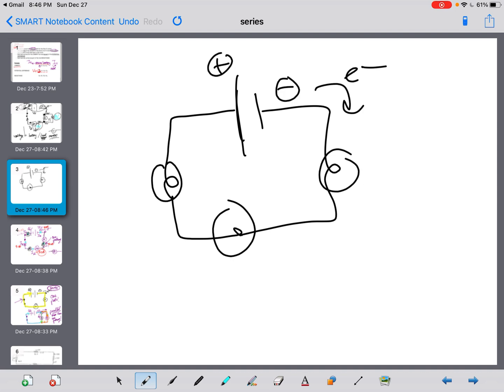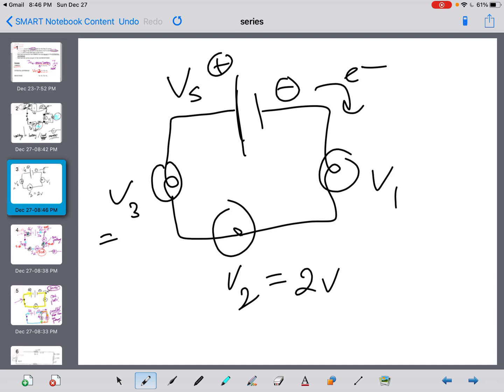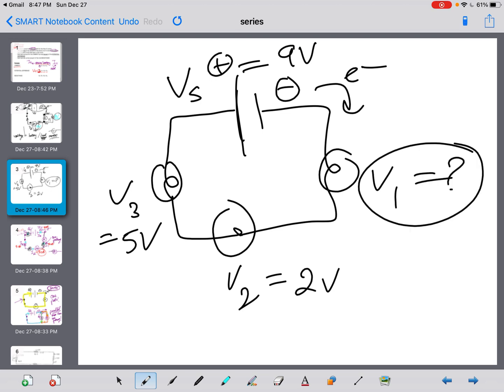Okay, so here's my VS, here's my V1, V2, V3. Let's say V2 was 2 volts, V3 was 5 volts, and VS was 9 volts. You should be able to figure out what the missing voltage is here, because if you understand the relationship, you can solve for it.